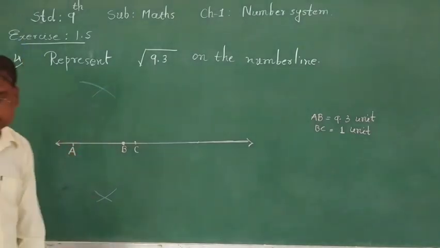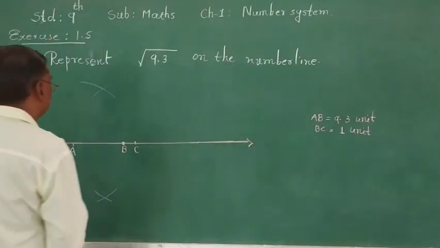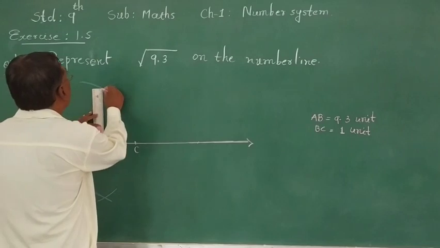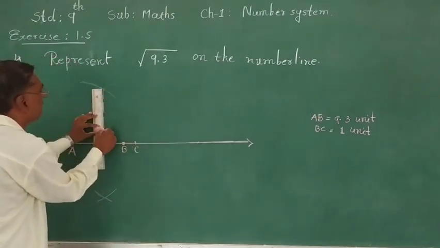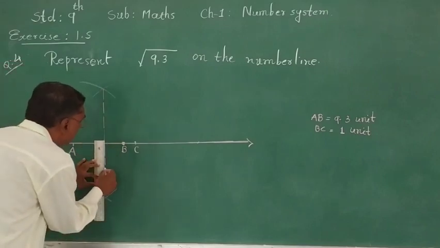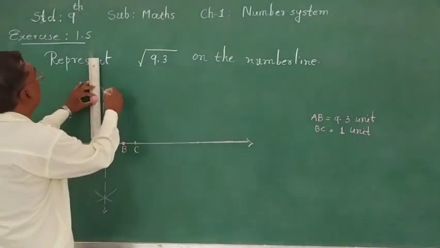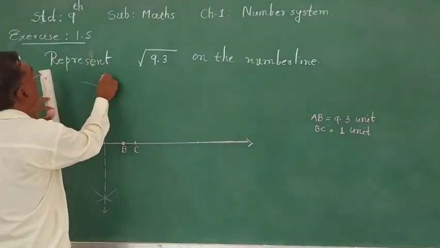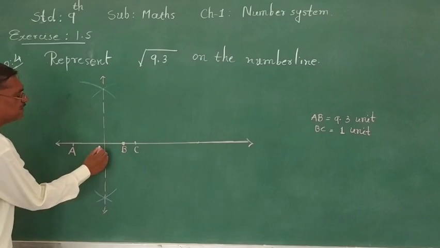Okay. Now draw the perpendicular bisector line and obtain the midpoint of AC, that is O.